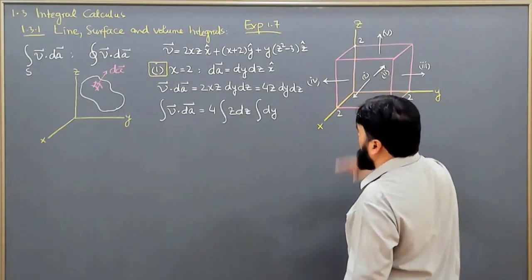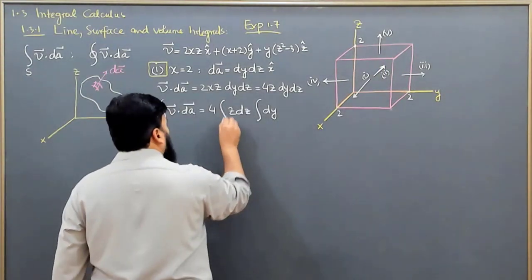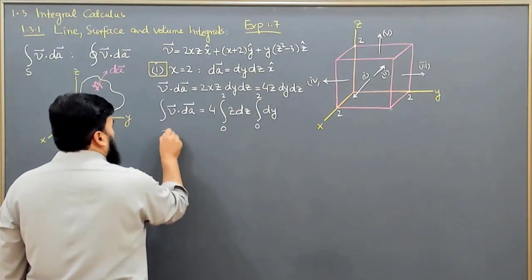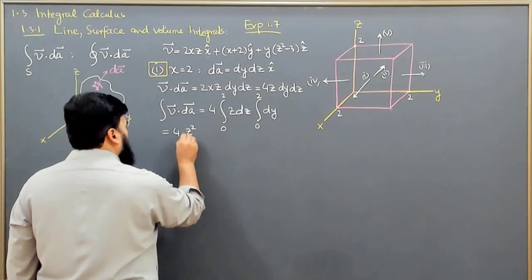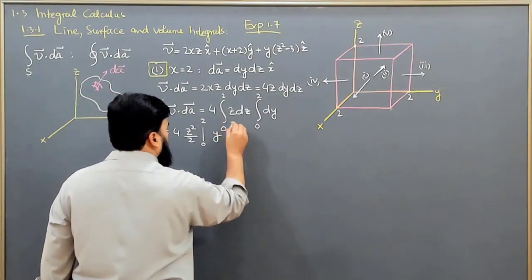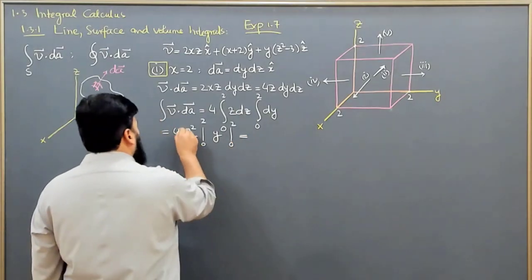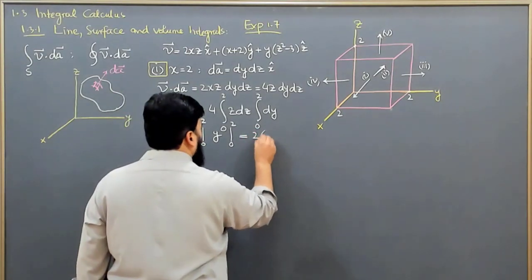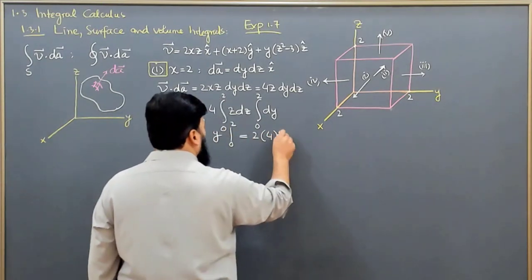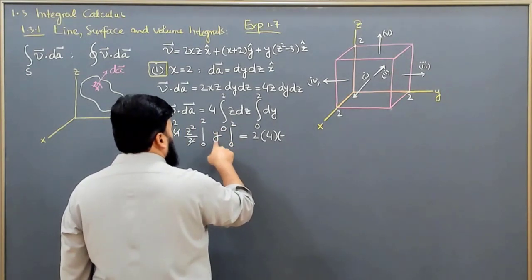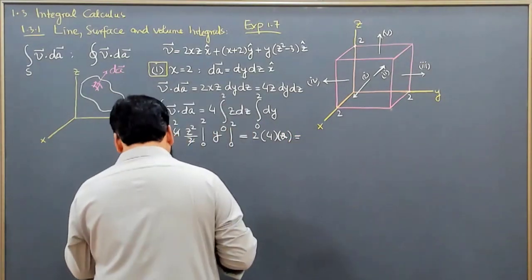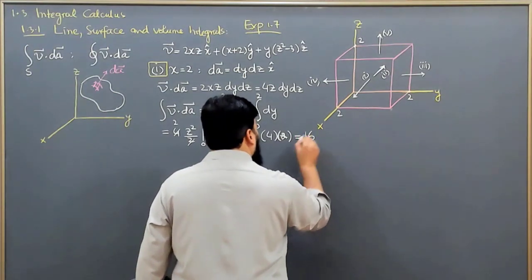So let's calculate this one, and I will get 4, then z square over 2 from 0 to 2, times y from 0 to 2. The 2 will simplify, so it is 2z square from 0 to 2, which is 4 minus 0, multiplied by 2 minus 0. So we get as a result 16, which is 2 into 4 into 2.